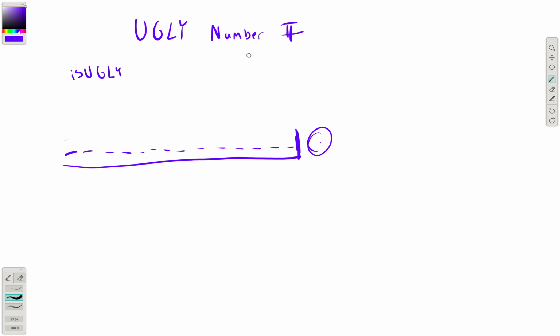Well, now pay attention here, you can find the minimum between 2 multiplied by any of these numbers, so I'll call it x, 3 times any of those numbers, or 5 times any of those numbers.